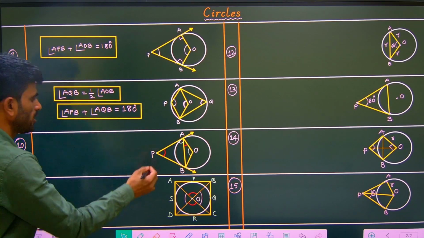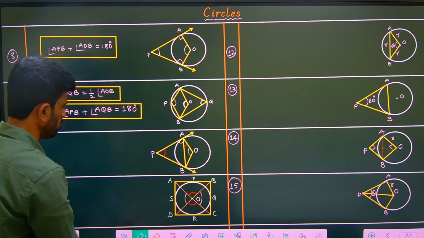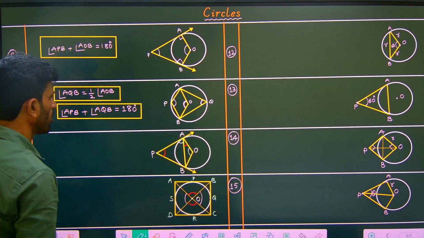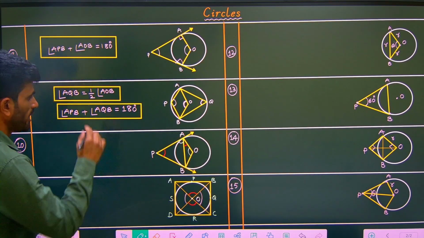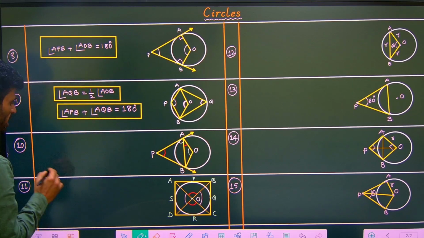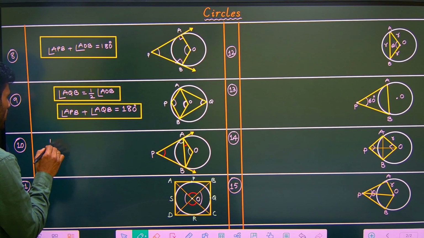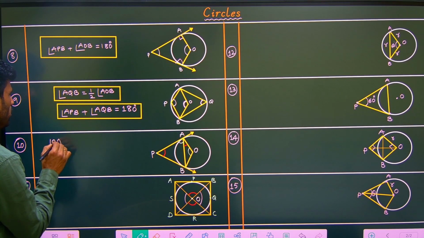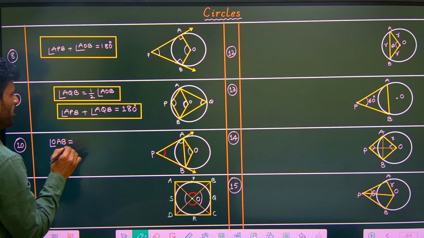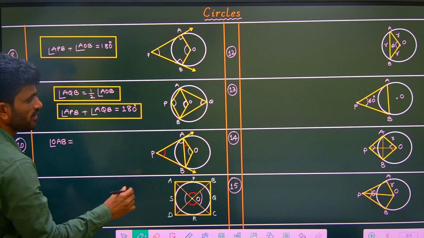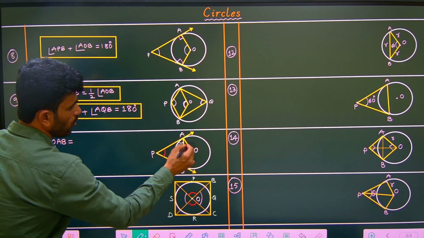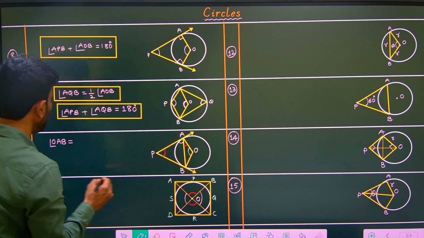Now coming to one more important concept. Here, angle OAB, see, I marked it with red color, will be half of APB.